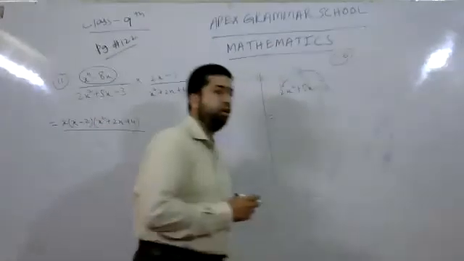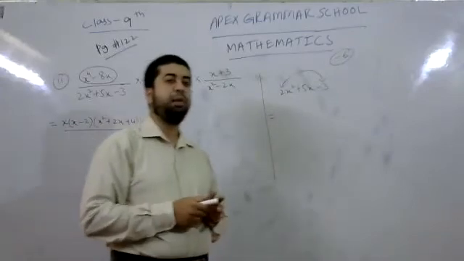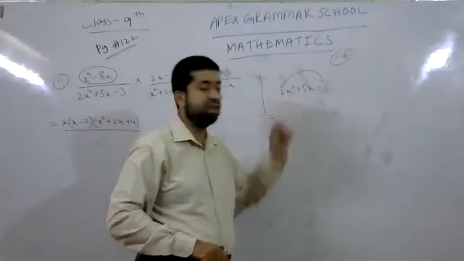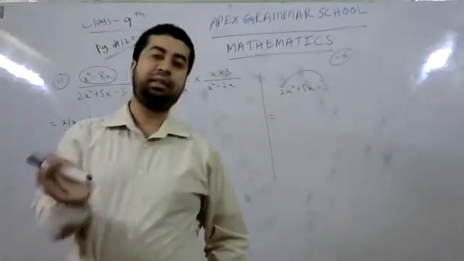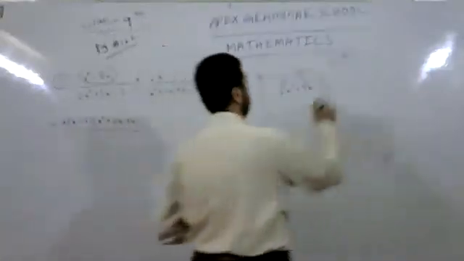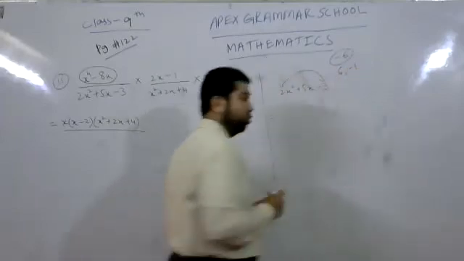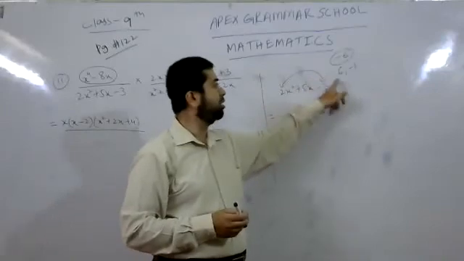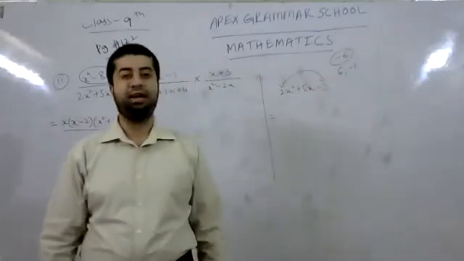Now recall within your mind, you need a pair of numbers whose multiplication answer is minus 6 and whose addition answer is plus 5. So 6 and minus 1. 6 minus 1 answer is plus 5, and 6 multiplied by minus 1 answer is minus 6.